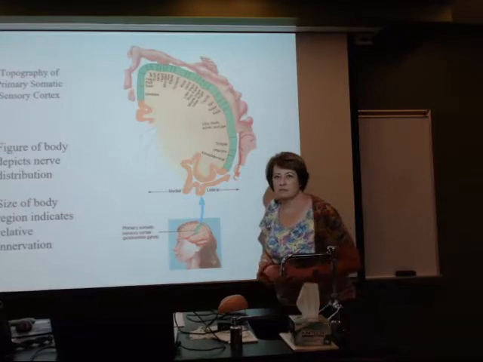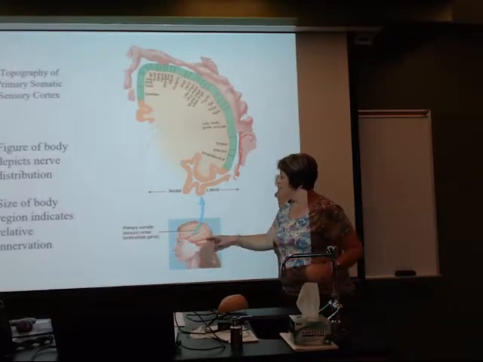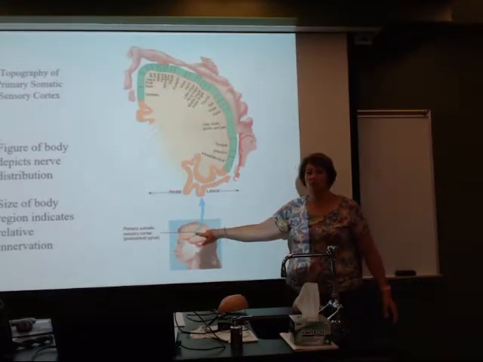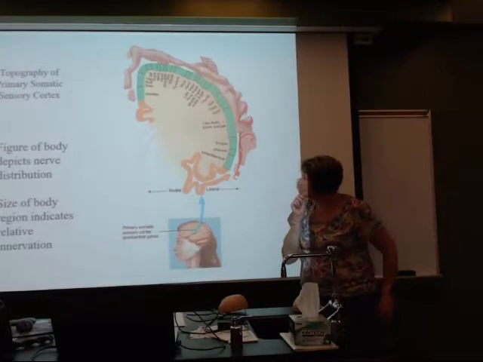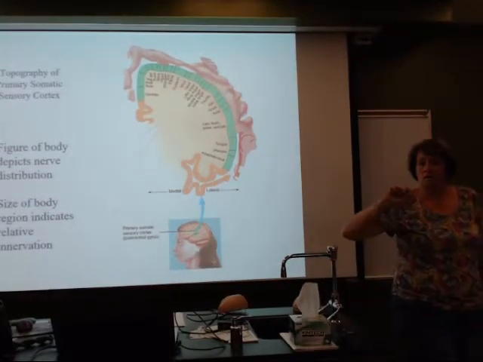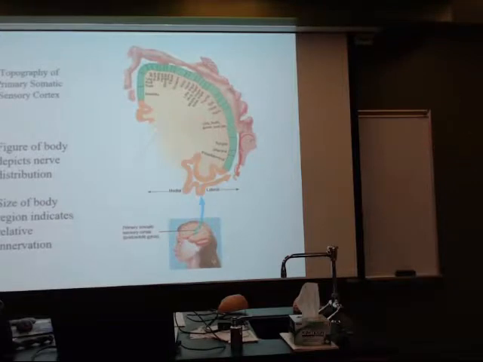Couple of things, all right? So, if I'm in my little gyri, it's showing representation of all areas of my body. How much of the cortex is used by simply my face and my hands and my feet?